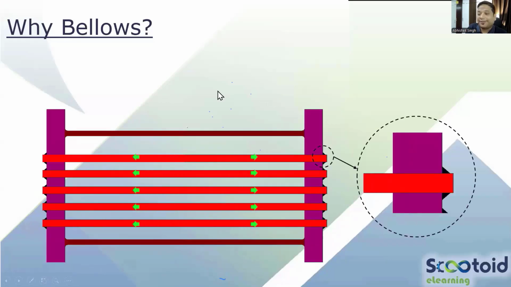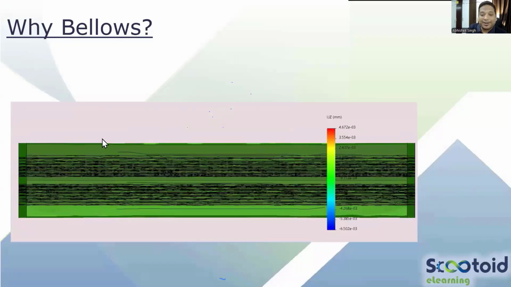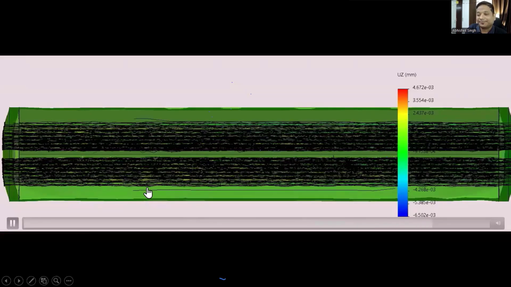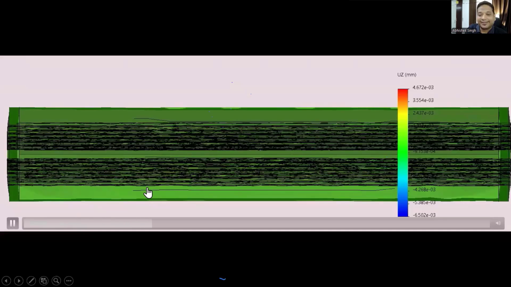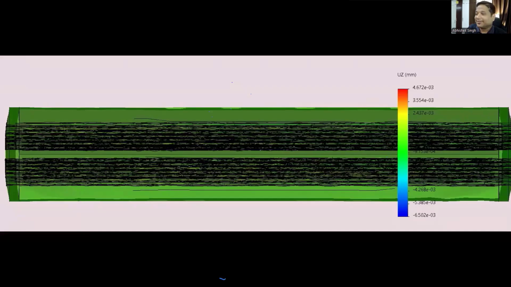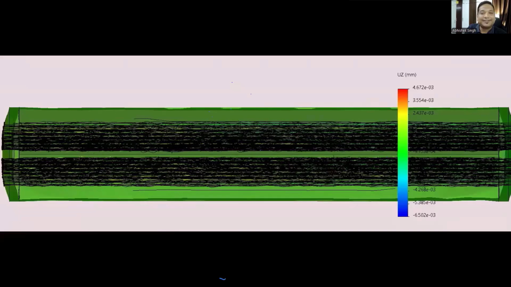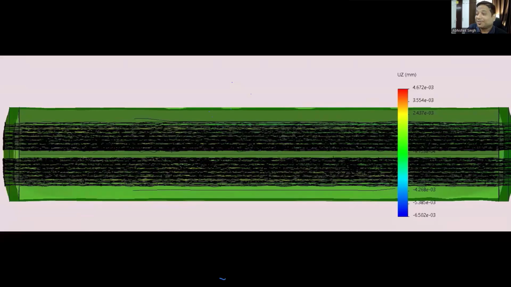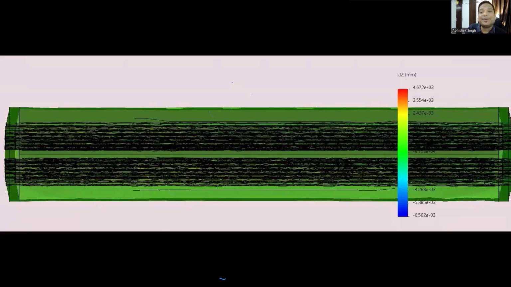So what kind of phenomena will occur? We can visualize by this image. The black lines are tubes. You can see that the shell is trying to prevent, but tubes are pushing the tube sheet. So you can see the deformation happening in the tube.